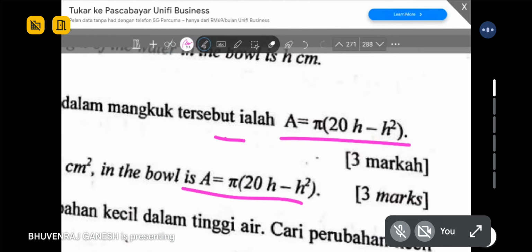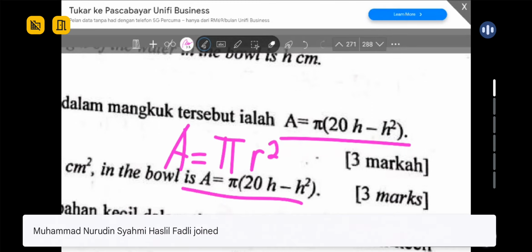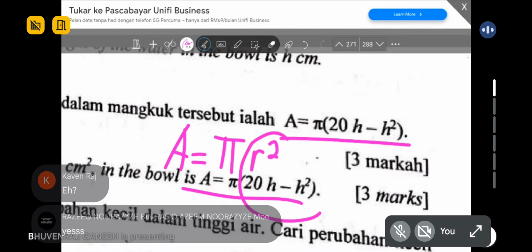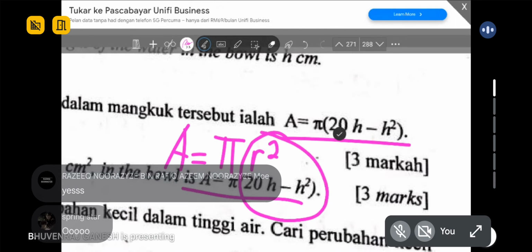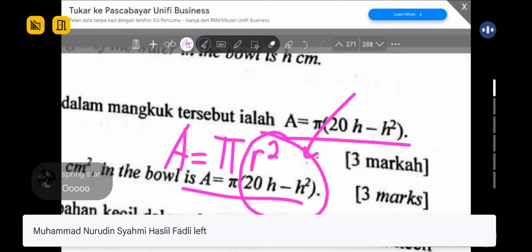Do you notice it is similar to pi r square? No, it's not a hemisphere, guys. It's a circle. A equals pi r square. Do you notice? The formula looks the same. It means r square is actually 20h minus h square. So you must try to get this.